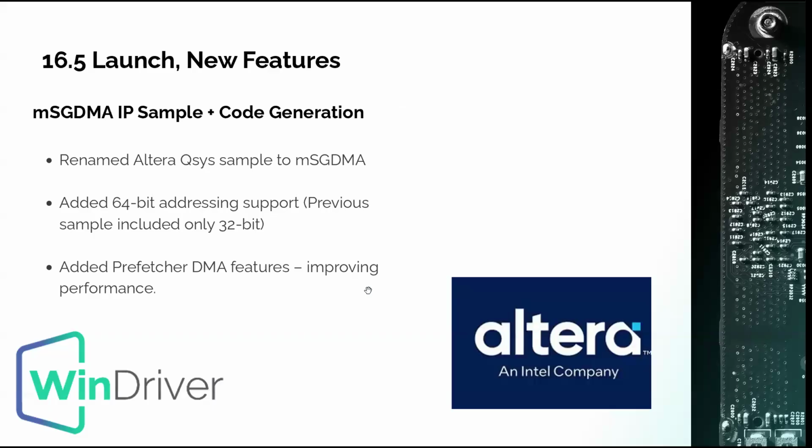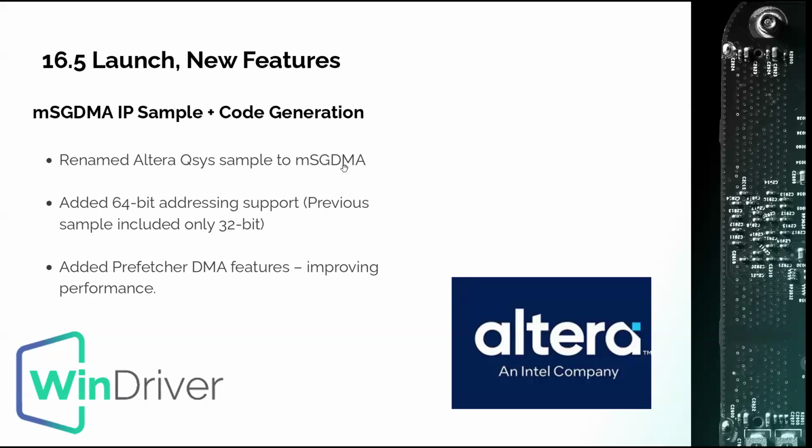Okay, the second feature that we have is the mSGDMA IP sample. Basically, in older versions of WinDriver, we had a sample called Altera QSys, and we've renamed it to mSGDMA because that's actually the right name for it and the most accurate name for this IP. It was a pretty old sample written, I think, around 15 years ago, and we revamped it.